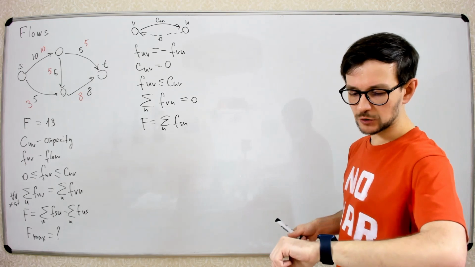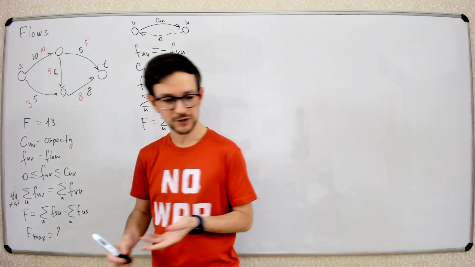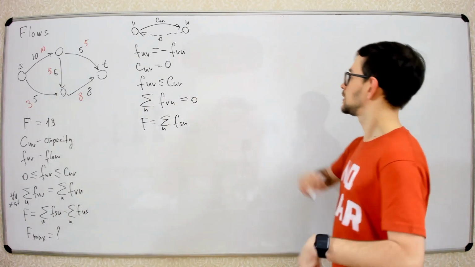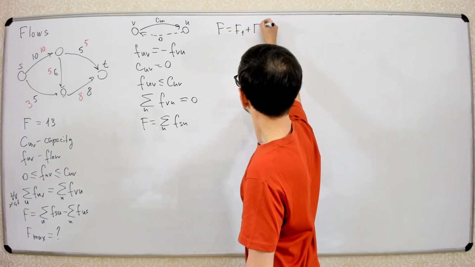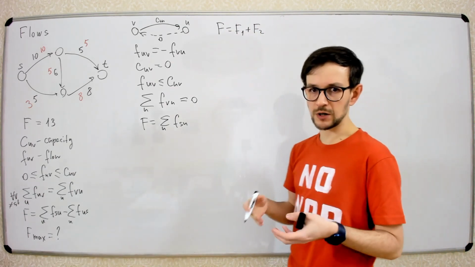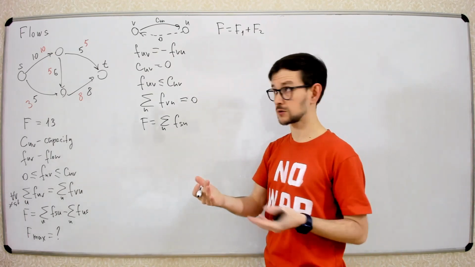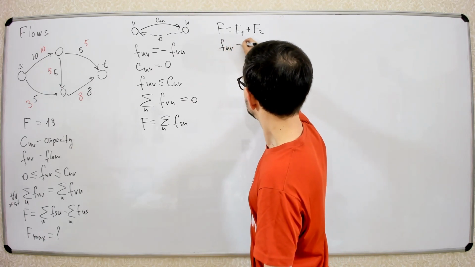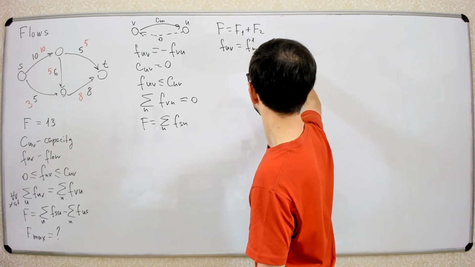Now let's prove some important theorems. There will be very few theorems, but they're important. First important theorem: let's talk about the sum of flows. If you have the sum of two flows, it means you have a flow where the flow over each edge is equal to the sum of flows in these two different flows. So the flow for each edge is f1(UV) plus f2(UV).